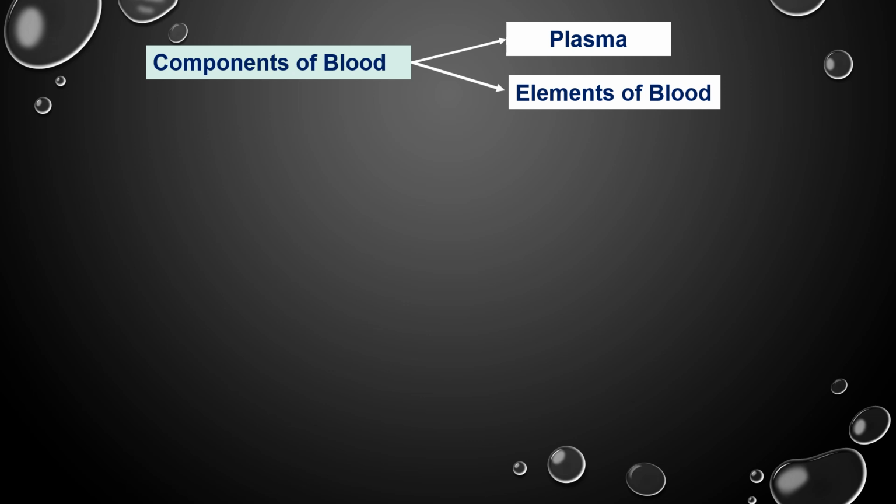Plasma is slightly alkaline, with a pH level of about 7. It contains non-cellular substances which constitute about 55% of blood.